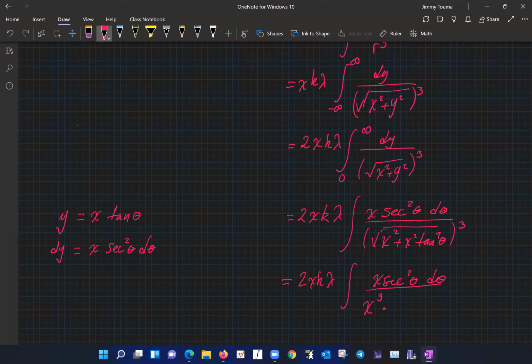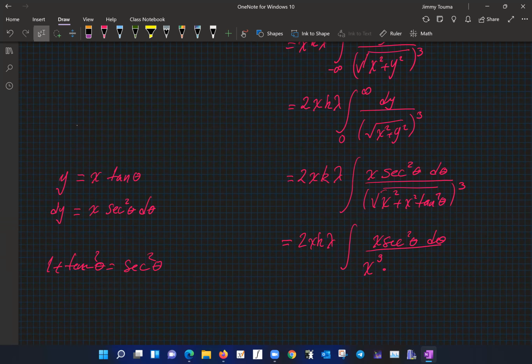Well, what's 1 plus tangent squared? 1 plus tangent squared of theta is secant squared of theta. So again, I have a secant squared inside the square root, take it out, comes a secant, cube it, comes a secant cubed of theta. Okay. So what do I have here?